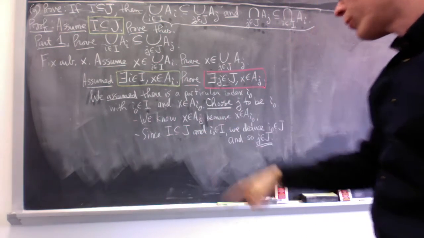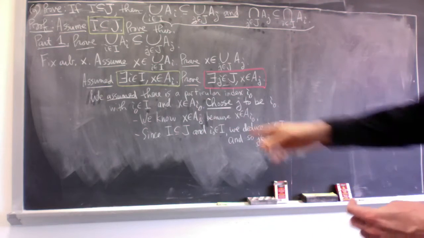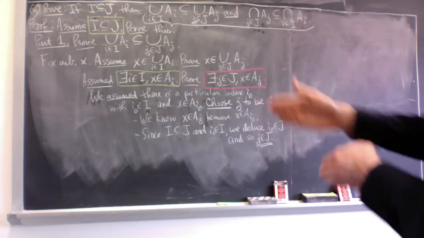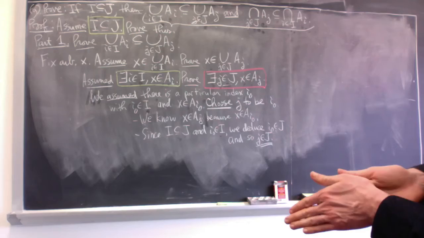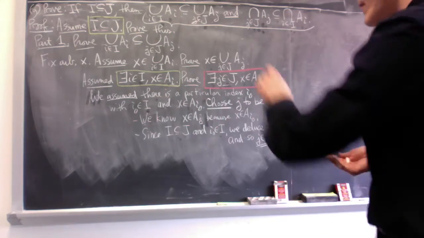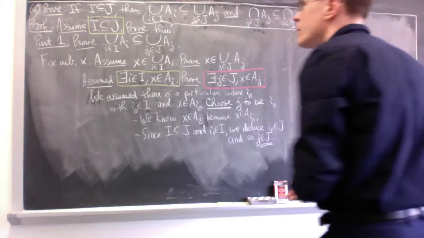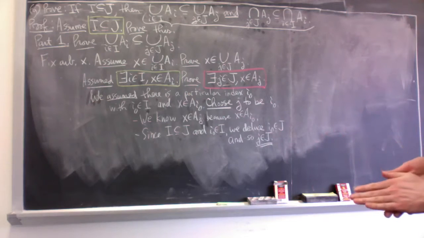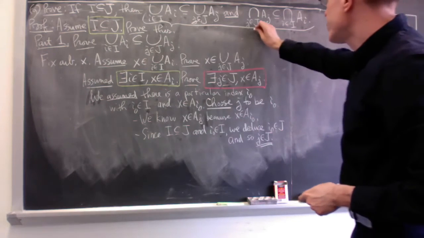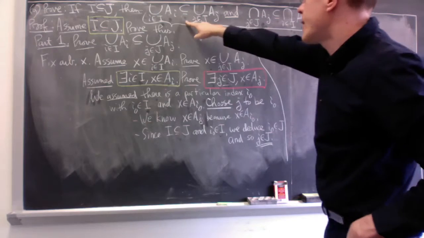And that is essential, that the proof must discuss that and use this I subset of J. That's the only place the assumption has been used so far, part one. Okay, and it's not true without that. You just had random sets I and J. All right, so anyway, that's that. Okay, so we've done that one.